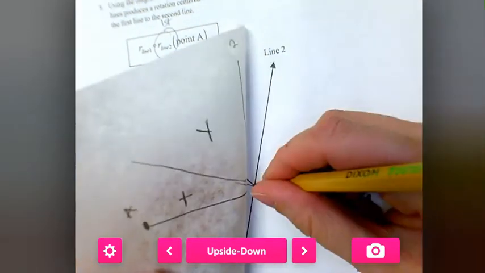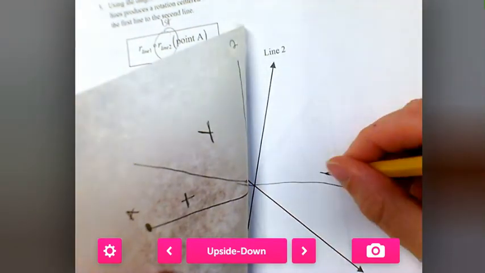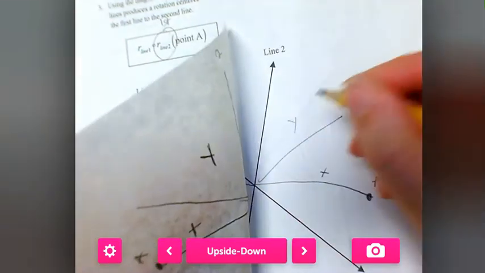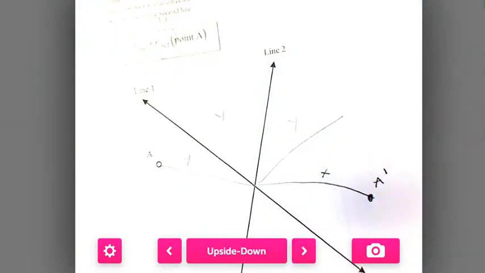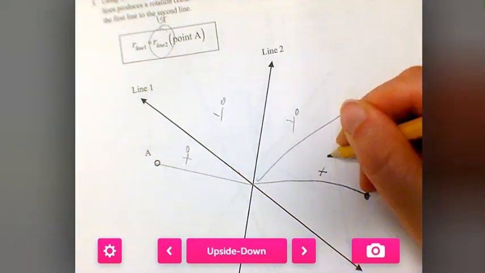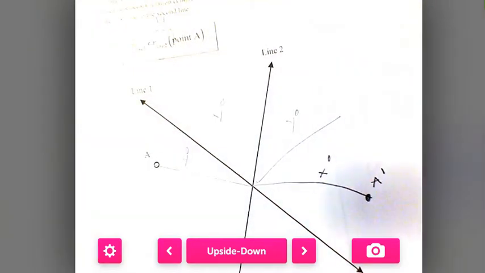Okay? And I've had X, and I've had Y. Okay? Yes? Why not just the angle of X plus Y? This is my angle, this is my angle, this is my angle, this is my angle. Yes, Layla. Okay. Now I am going to reflect over line 1.